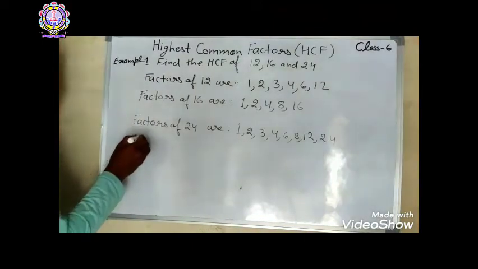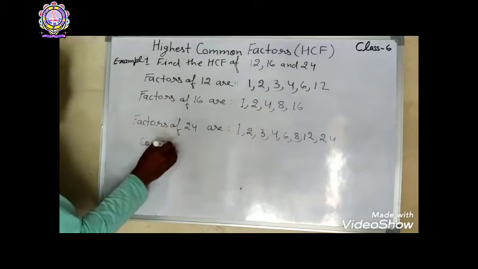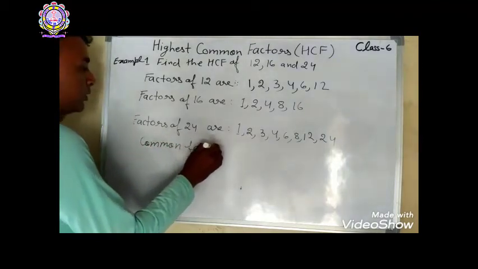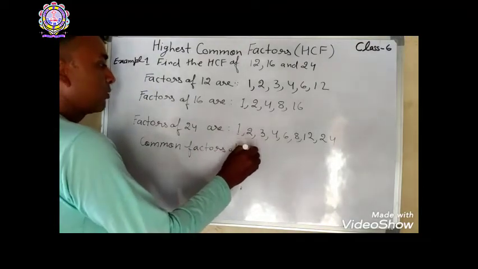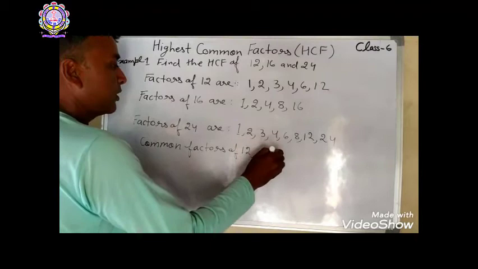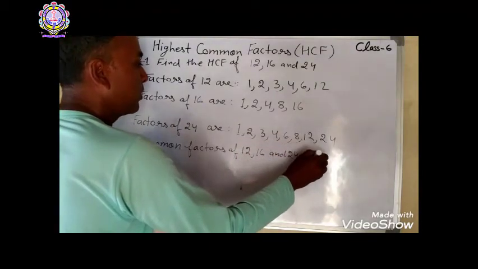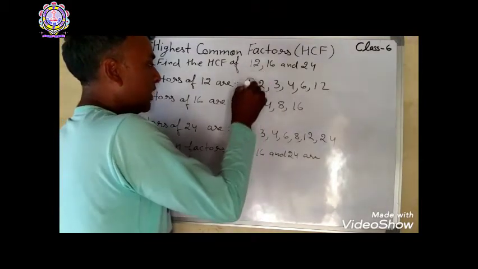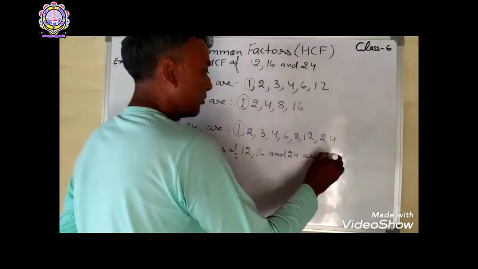So now check the common factors. Common factors of 12, 16 and 24. One is common in all.